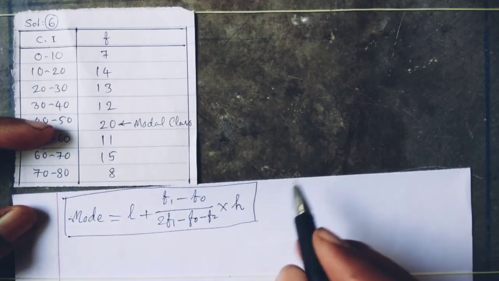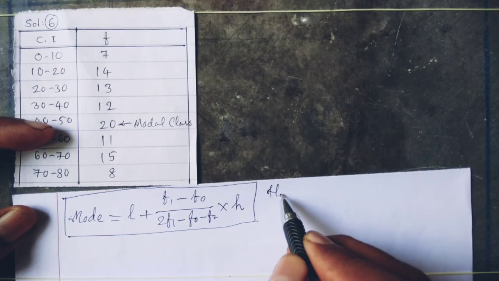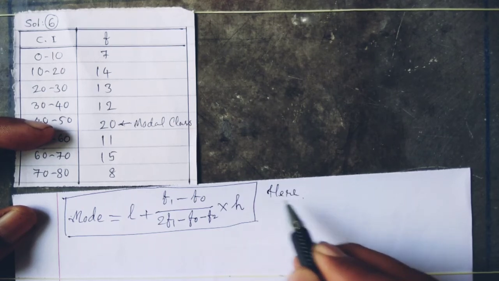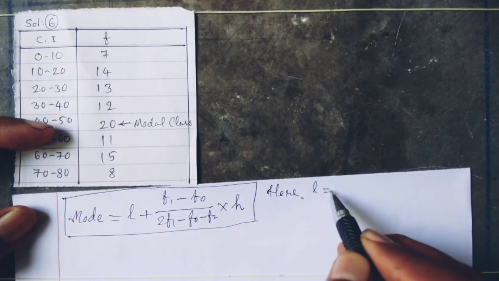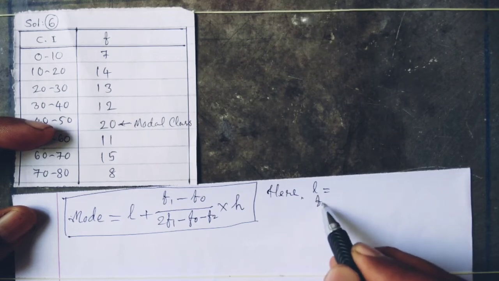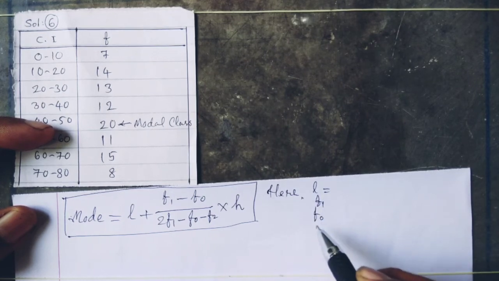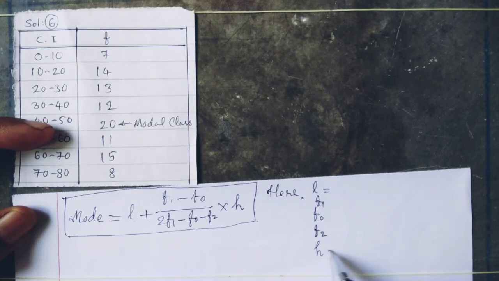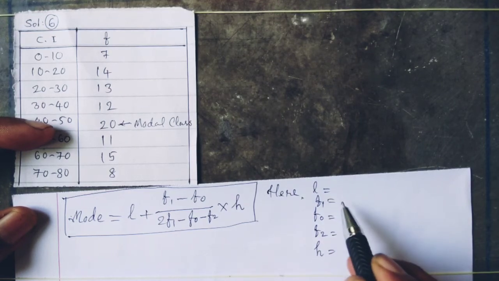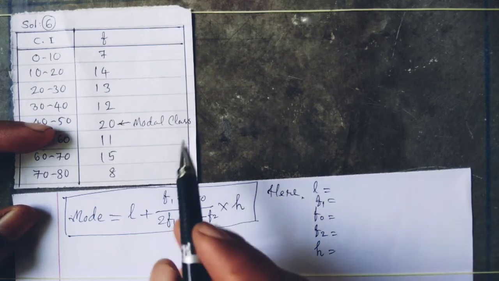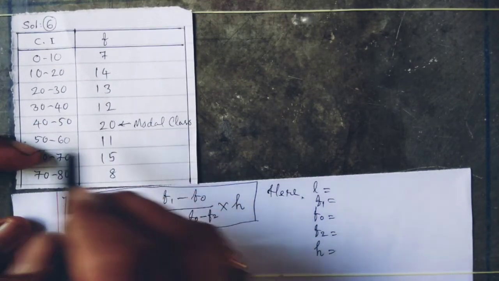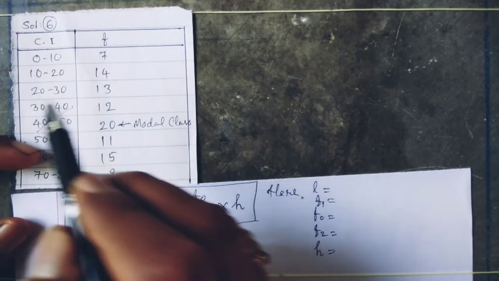In this, we have to find these letters: L, F1, F0, F2, H. So what is the L? Lower boundary of the model class. So 40.